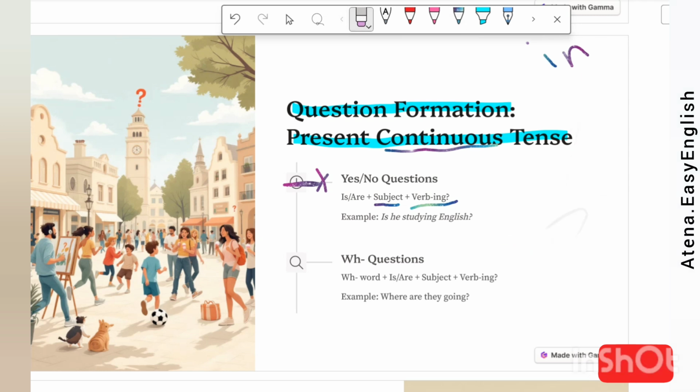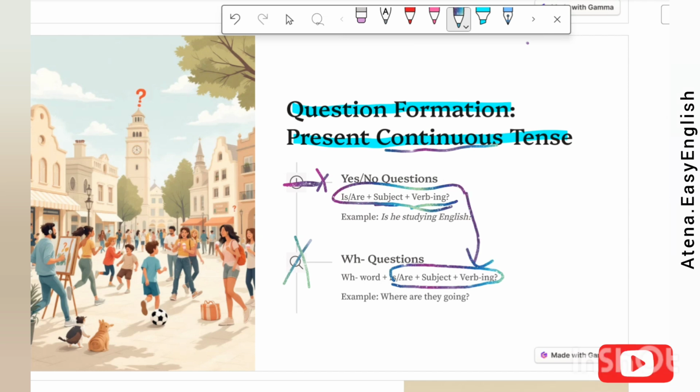Now, the next part. Formation of WH questions with ing. Again, all of this part is like yes/no questions. They are the same. But the difference is when we have a WH word, we put it before.